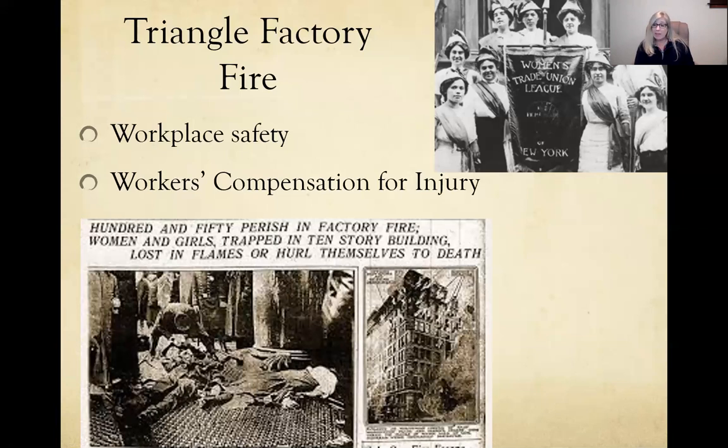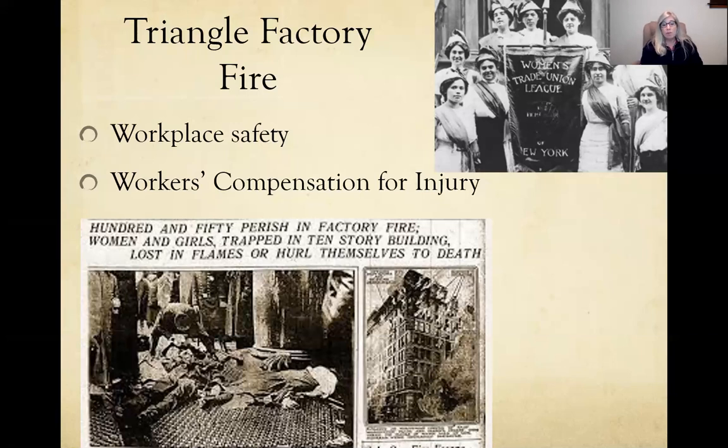Every month we have to have a fire drill at Lassiter High School and every school in Georgia by law, once a month. You have to have fire extinguishers. You have to have exit signs that light up in case of a fire so people can get to the exits. All of that comes about because of the Triangle Factory fire.